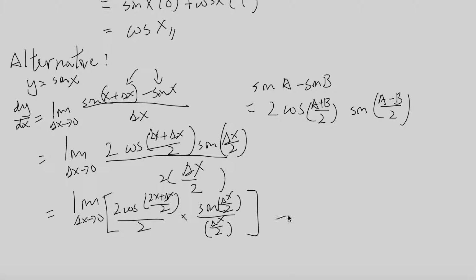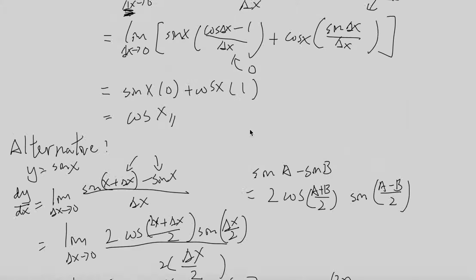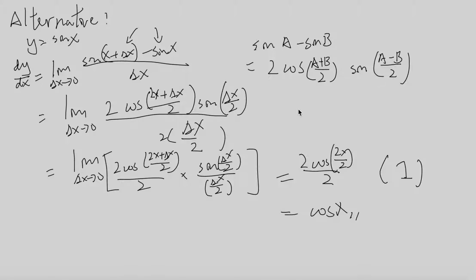Then obviously the limit goes to, the last part goes to 1. How about the first part? It becomes 2 cosine(2x/2) over 2, so obviously cosine x. That's it. So you can compare these two methods, and obviously this one is far easier.